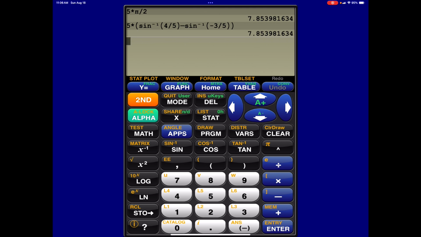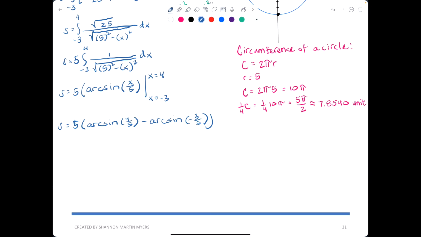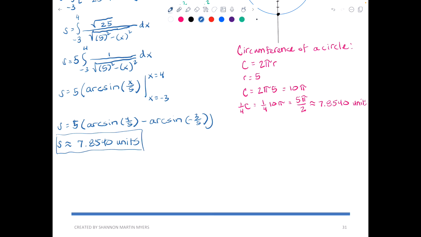Woohoo! Approximately 7.8540. Cool, cool? All right. And so we verified that this matched 1/4 of the circumference of a circle.